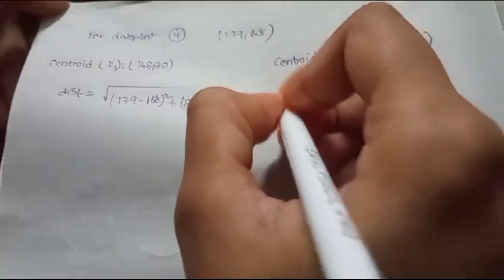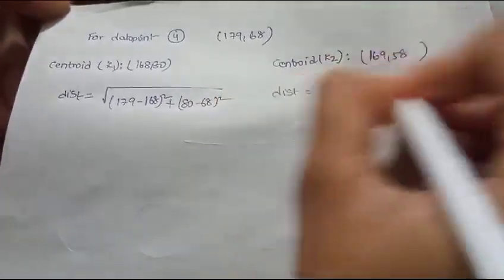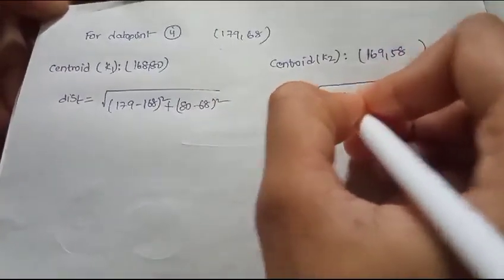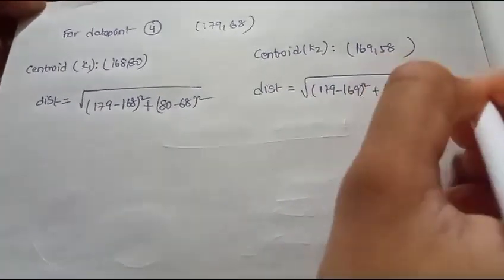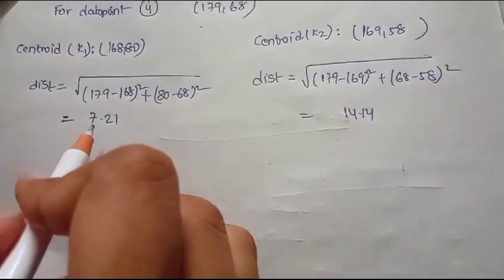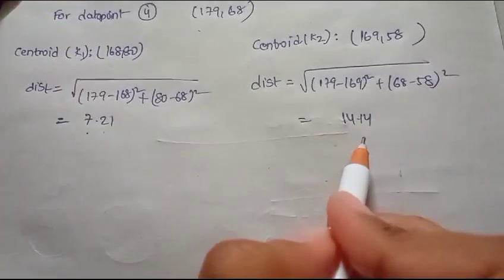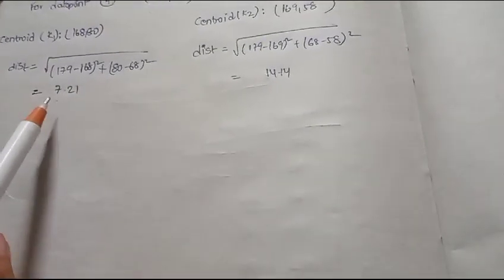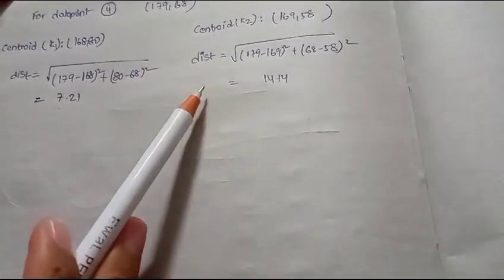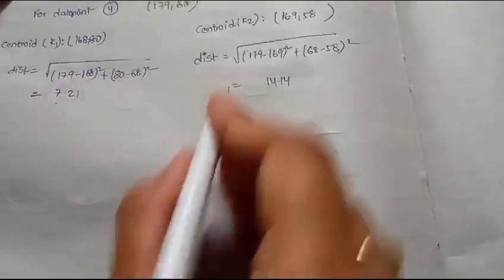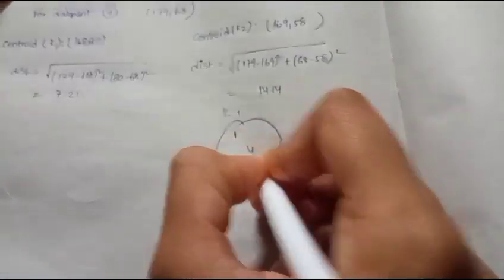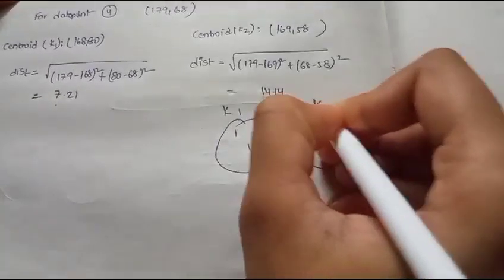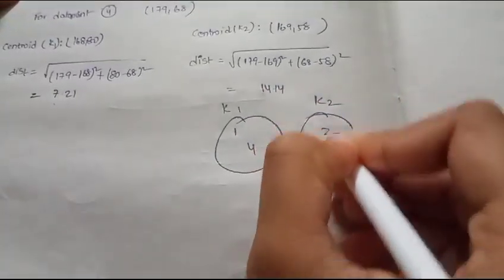For cluster 2, distance equals square root of 179 minus 169 whole square plus 69 minus 58 whole square. The obtained values are 7.21 and 14.14. As the distance calculated for cluster K1 is much less compared to cluster K2, the data point 4 belongs to cluster K1. So, in cluster K1, the data points are 1, 4 and in cluster K2, 2, 3.